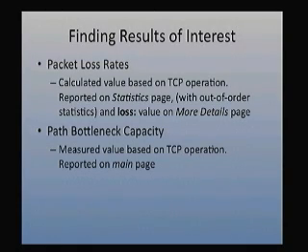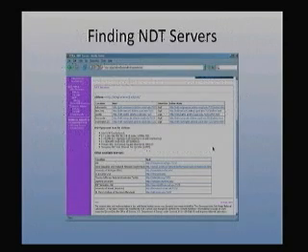It sends a particular pattern of packets and sees what the spread of those packets are at the receiver in order to decide what kind of interfaces are in the middle. And there is a page on the Internet 2 website that shows several open NDT servers out there.